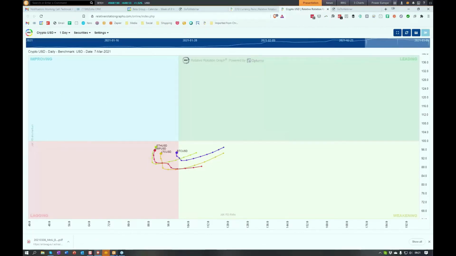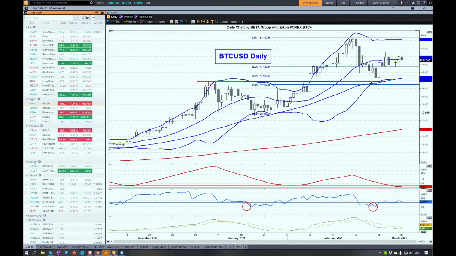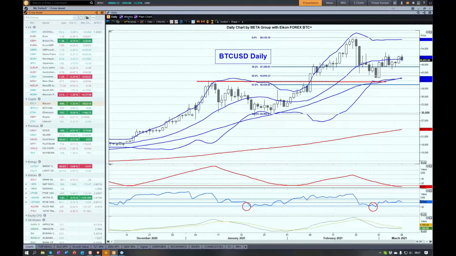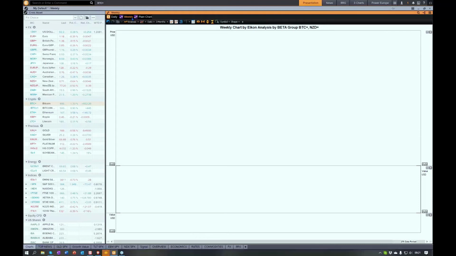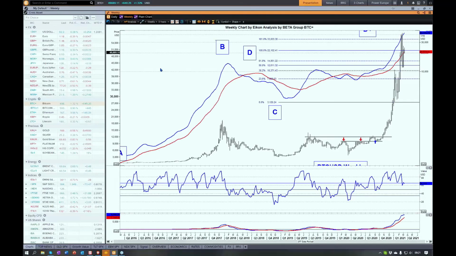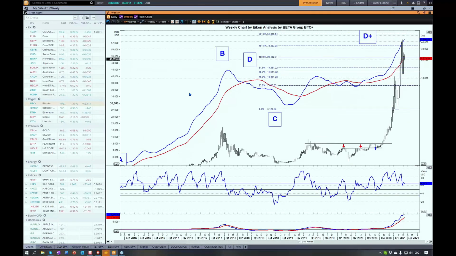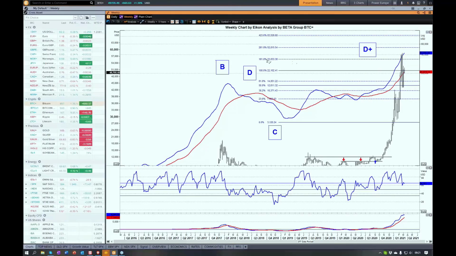So let's look at each one and see whether it's likely to turn right back up and head back up into here, which is where we want to see them all. We want to see them outperforming the US dollar. Okay, so here's Bitcoin firstly. I'm going to go to the weekly chart just to remind us what an incredible market we've got here.